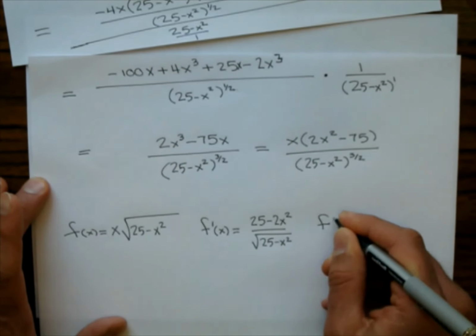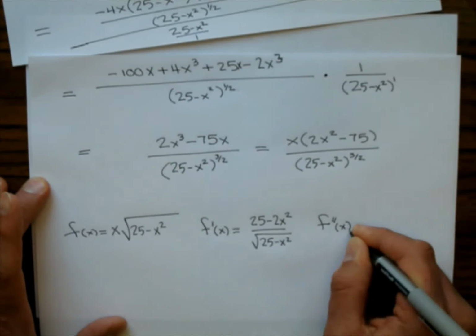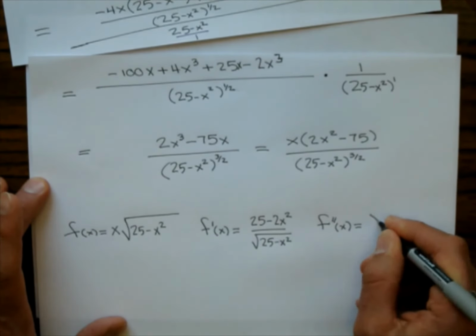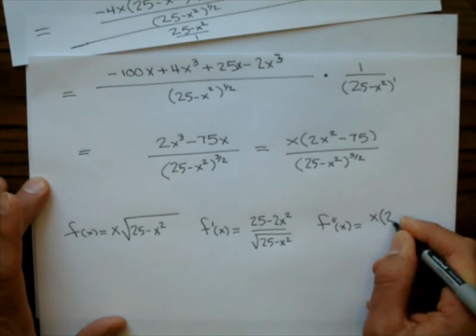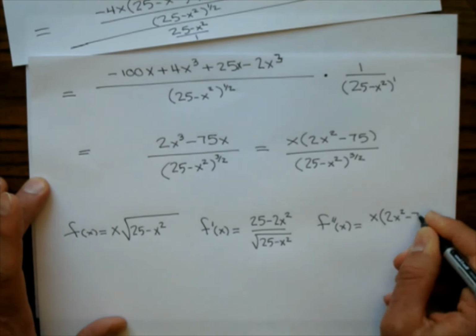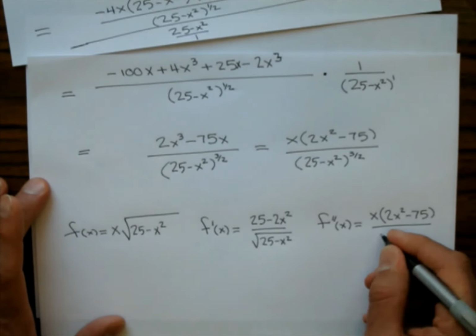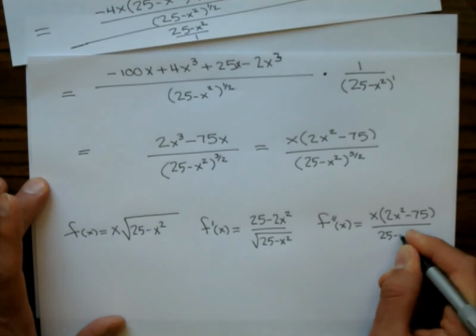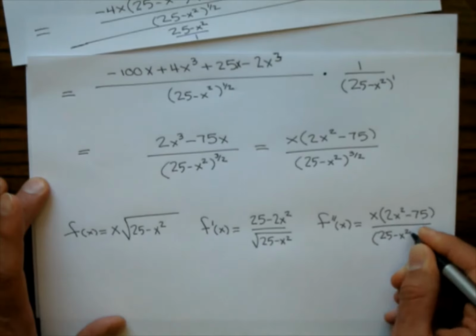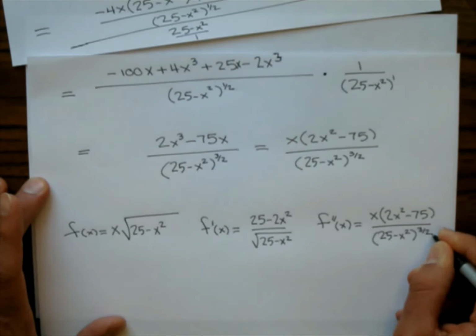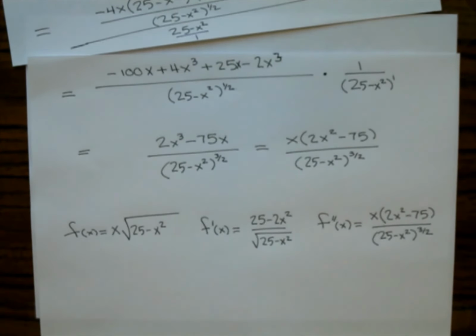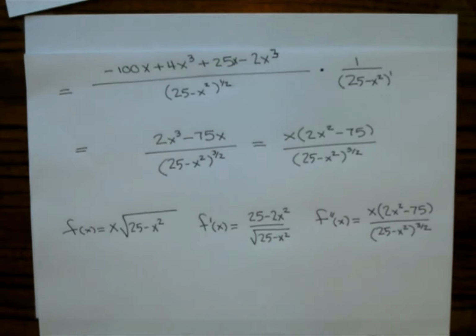And the second derivative, that's what we have written right there, is x, and then we have 2x squared minus 75 on the top, and then 25 minus x squared to the 3/2 power. So that's what we've done. We've computed some derivatives, and now I want to check for critical numbers.